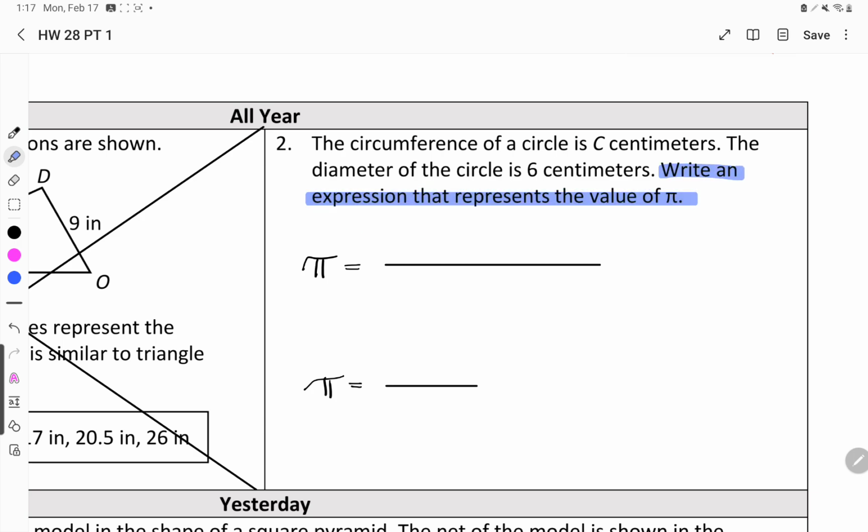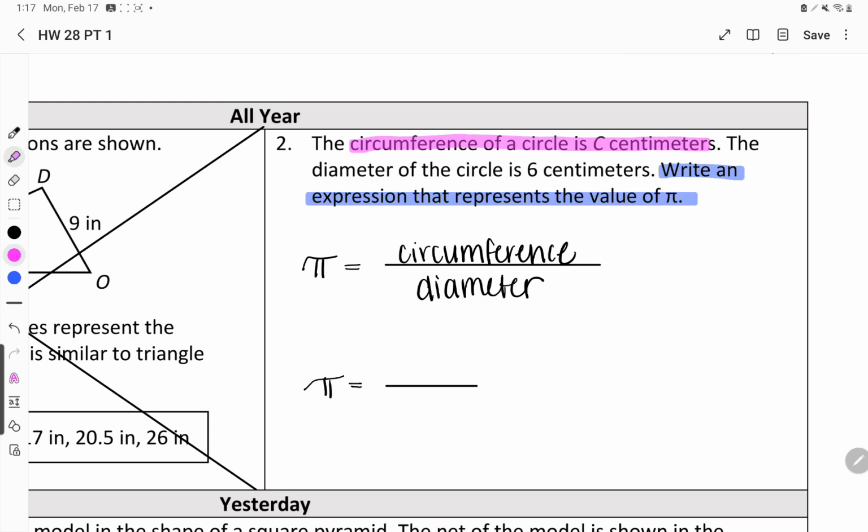But if you remember, for whatever the reason, the state of Texas really, really wants us to know that pi equals circumference divided by what? Diameter. Circumference over diameter. So let's take a look. It says that our circumference is what?